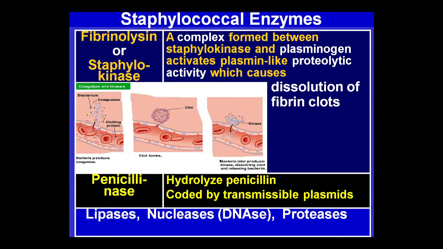When we have bacterial inoculation into the soft tissue, they produce coagulase and cause plasma to clot around the staphylococci. They can multiply there, but when they form this clot, they are inaccessible to macrophages and antibodies.